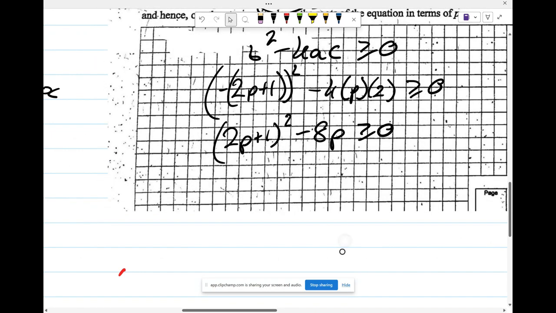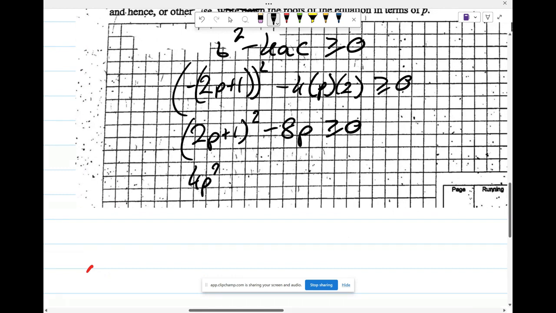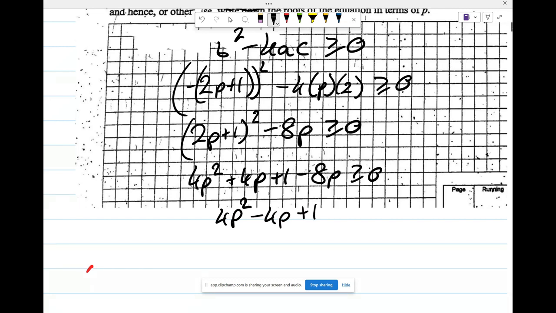If we square out this here, we're going to get 4p squared plus 4p plus 1 minus 8p. I want to prove that's greater than or equal to 0, so that's 4p squared minus 4p plus 1 greater than or equal to 0.